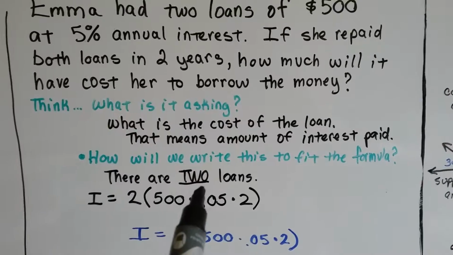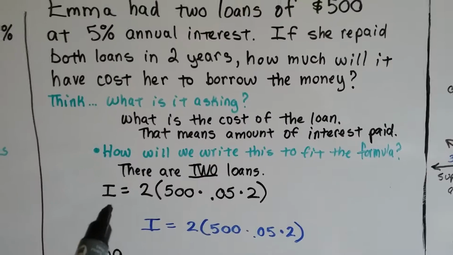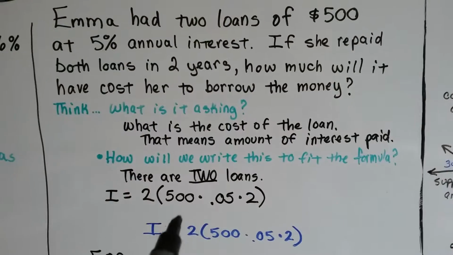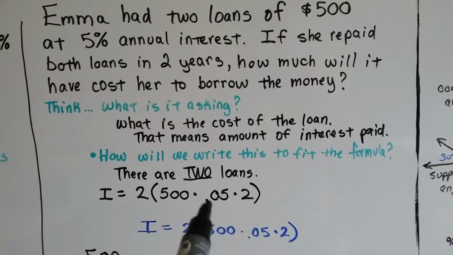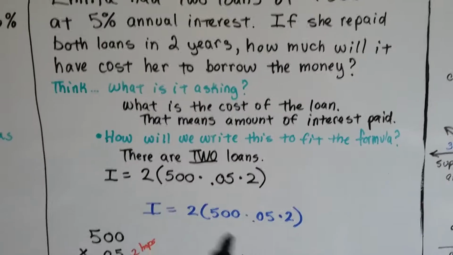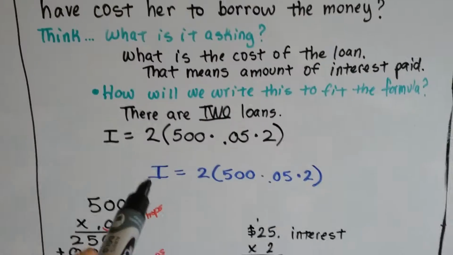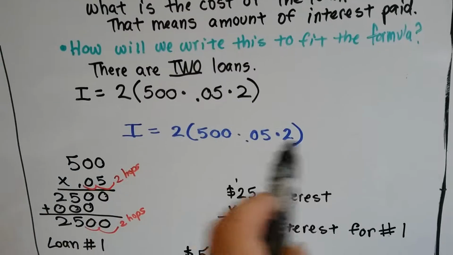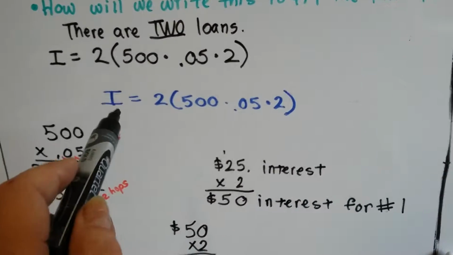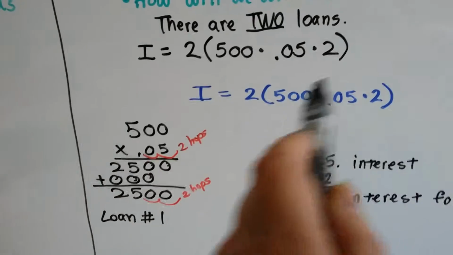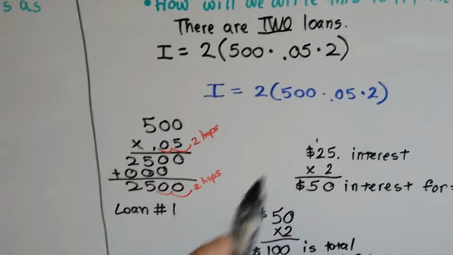Well, there are 2 loans. So now we're going to have interest equals 2 times the principal times the 5% as 0.05 times 2. Okay? So this is our formula for 2 loans of $500 at 5% interest for 2 years. We do the parentheses first, 500 times 0.05.